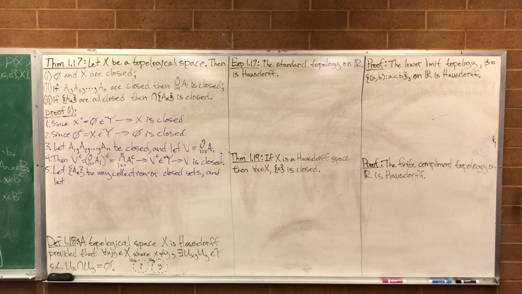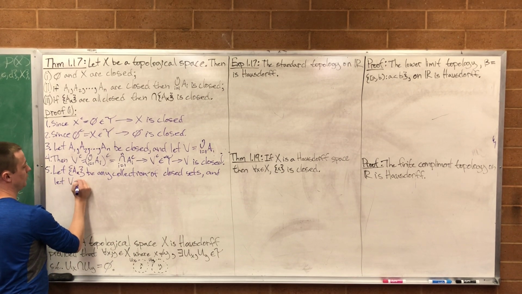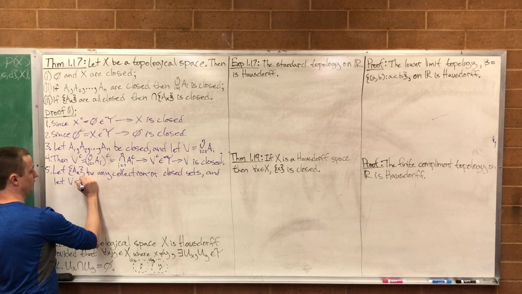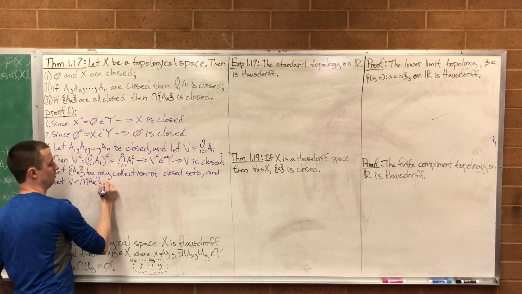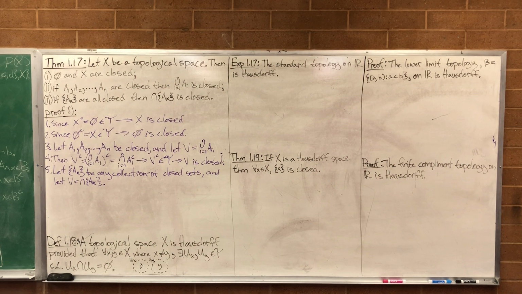Common notation I think that this author uses is U for open sets and V for closed sets, so we'll try and follow that convention. So let that be any collection of closed sets and let V equal their intersection. With me so far? Mm-hmm.